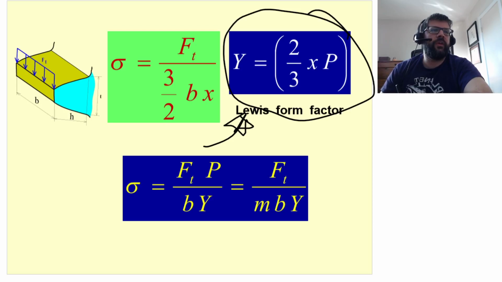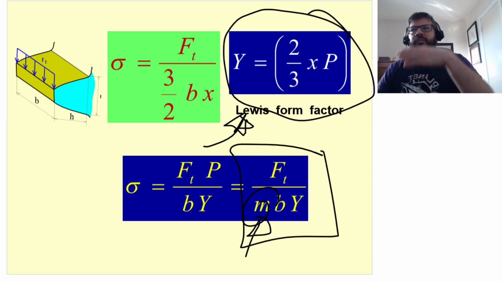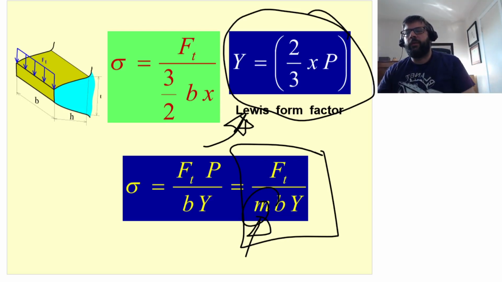If we're working in metric, essentially we're using the gear module instead of the pitch. So again, gear module is in units of millimeters. So obviously it'd be on the bottom of the equation instead of the top of the equation for the pitch because it's inverted units.